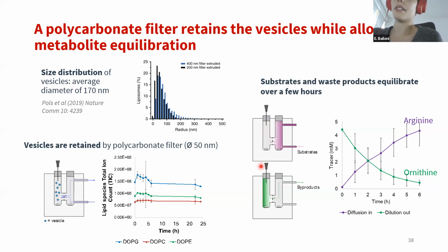And in a complementary experiment, we added ornithine, so a byproduct, to the vesicle compartment, and we looked at how quickly it would be washed away into the feed. And what you can nicely observe here is that arginine and ornithine equilibrate with the same rate, and within 6 hours, equilibration occurs, I would say.